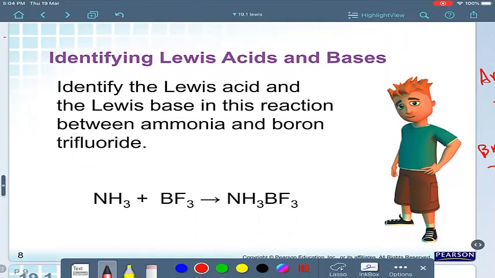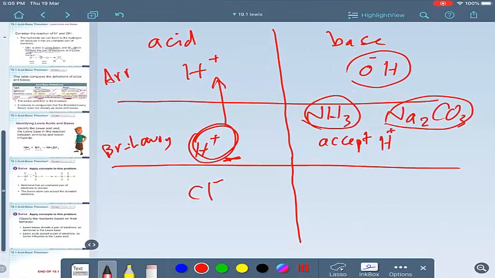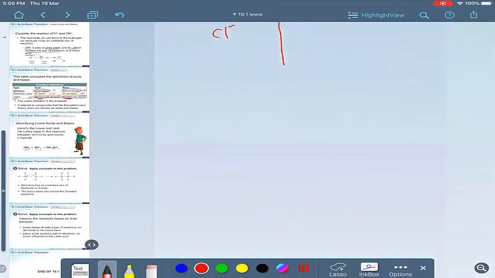Let's do another example here for ammonia and boron trifluoride. Recall what we said before about NH3. According to Bronsted-Lowry theory, nitrogen in ammonia has a lone pair of electrons.